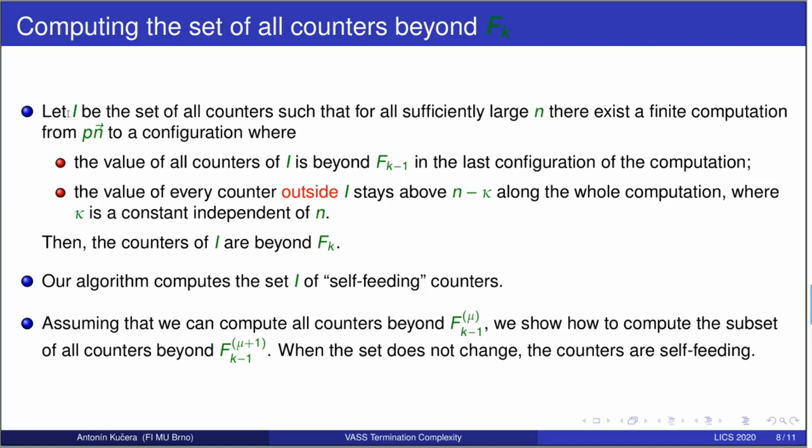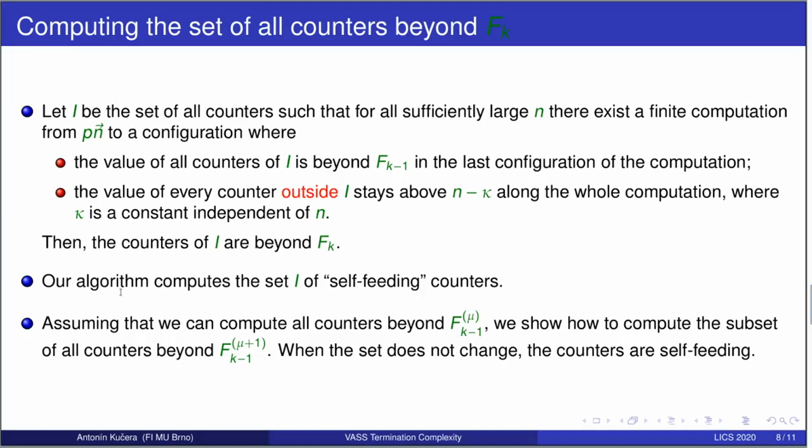The characterization says that the set of all counters beyond fk is precisely the set of all counters such that for every sufficiently large n, there exists a finite computation initiated in a configuration where all counters are equal to n, such that this computation pumps the values of all counters of I beyond fk minus 1, and along the computation the other counters are decreased at most by a constant kappa independent of n.